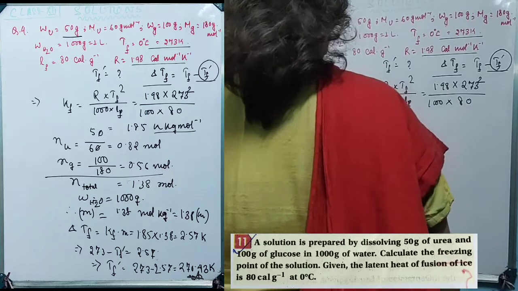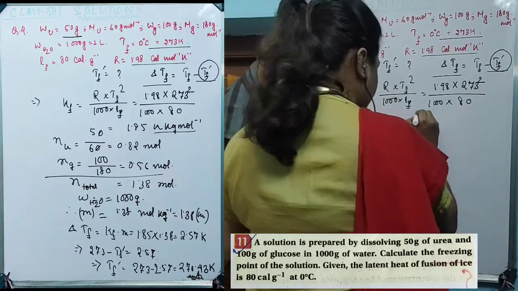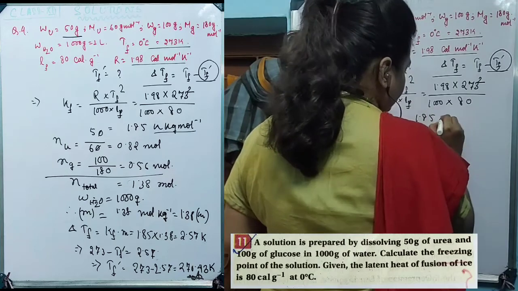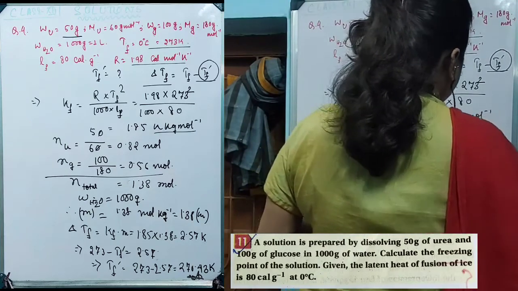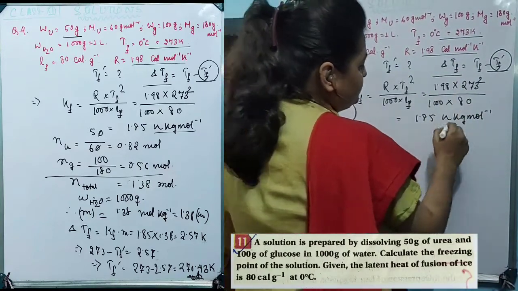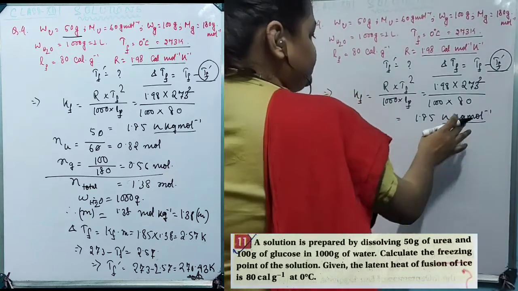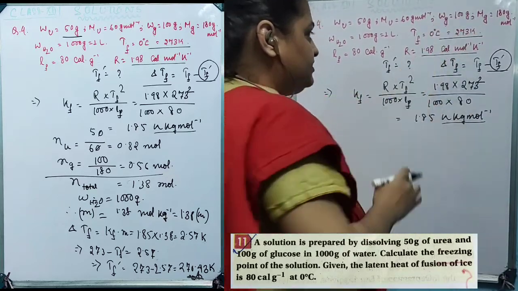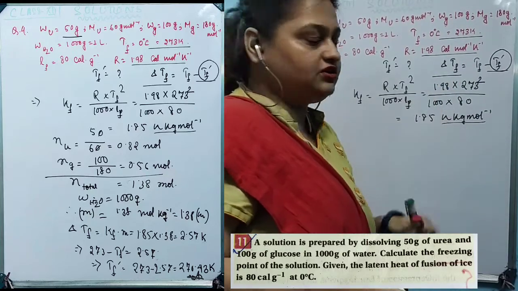Therefore, by calculating this entire value, we find Kf is 1.85 Kelvin kg mole inverse. All the units cancel each other, leaving the unit Kelvin kg mole inverse. This is the Kf for water that we have found.